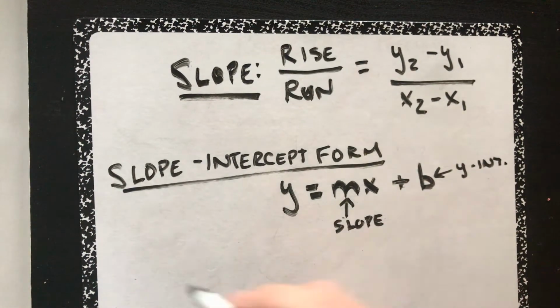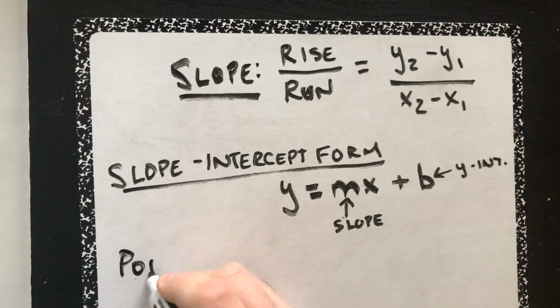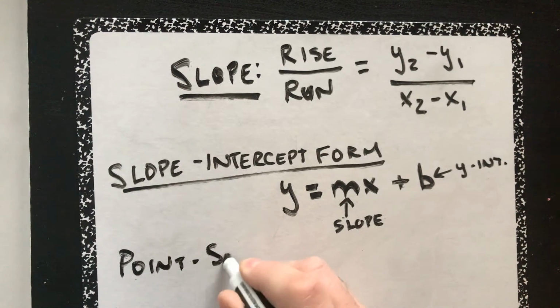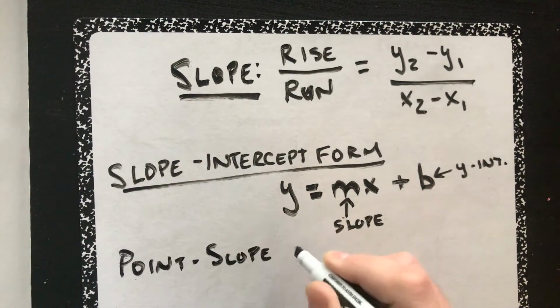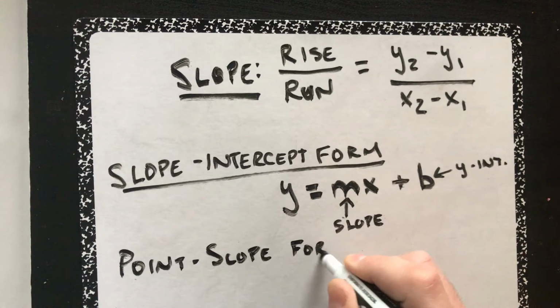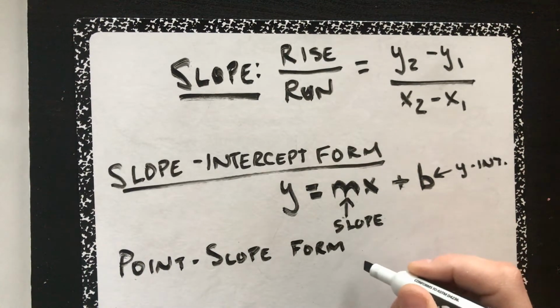And finally, we have point-slope form. And this is used when you're given a point and a slope.